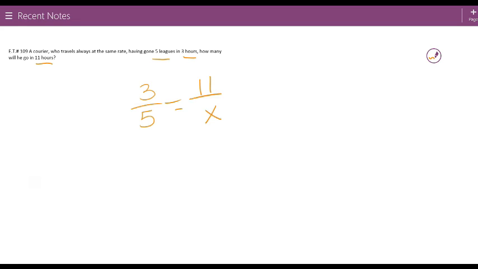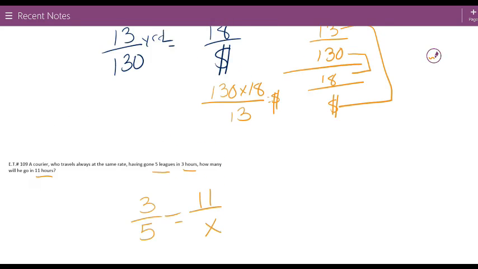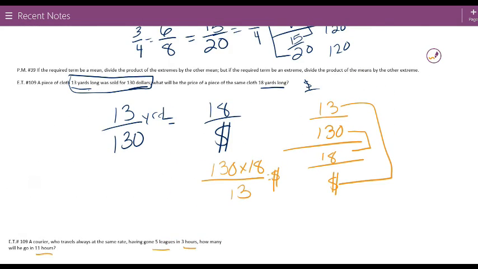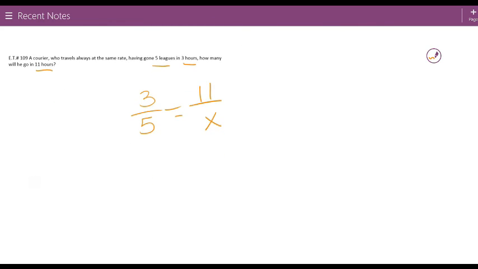Now again, we saw here that when we did our means, we have our denominator from the first and our numerator from the second. So those are going to multiply together and then be divided by this numerator. So we're going to end up with 5 times 11 divided by 3.